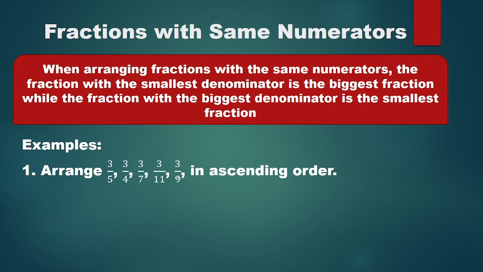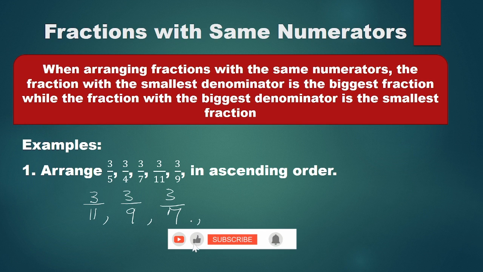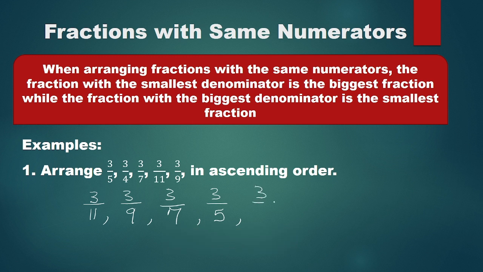In that case, the smallest fraction is 3 over 11, followed by 3 over 9, followed by 3 over 7, followed by 3 over 5, followed by 3 over 4. So I have simply just arranged these fractions in ascending order.